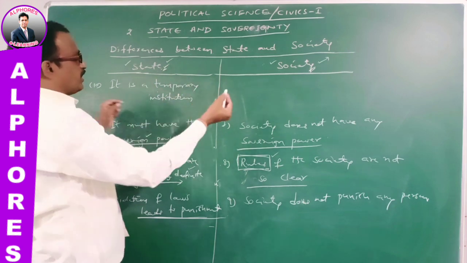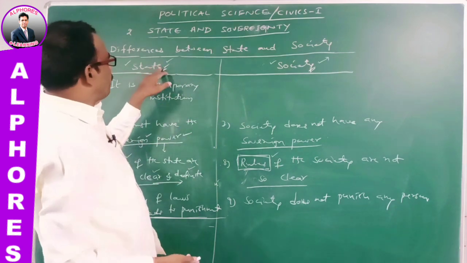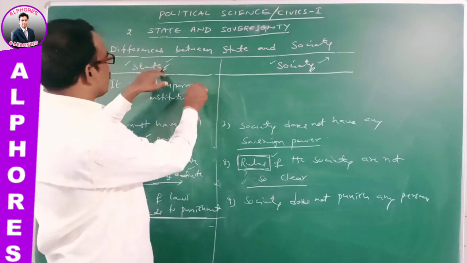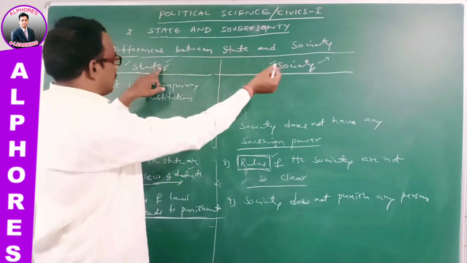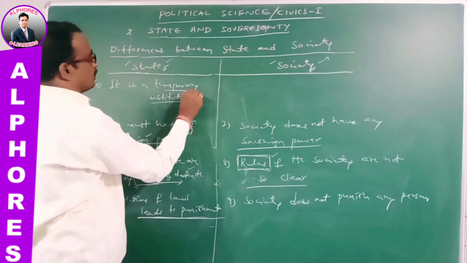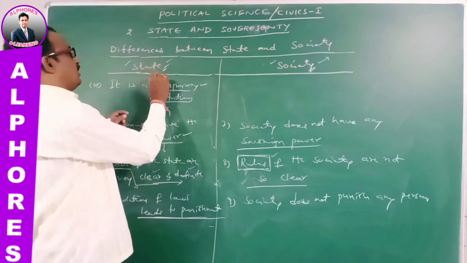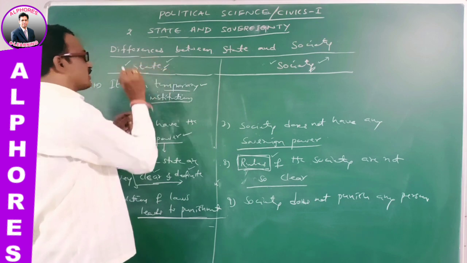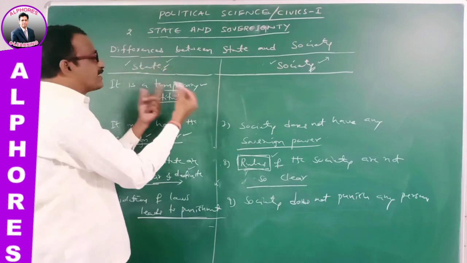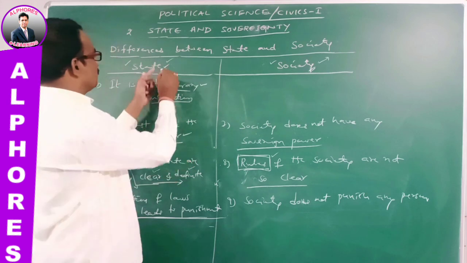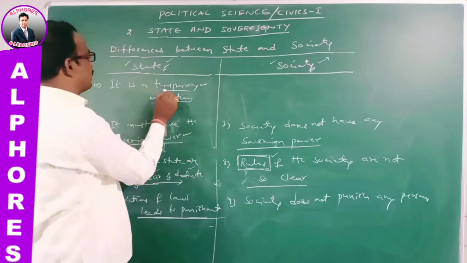If you compare with the other associations, it is permanent. But in this context, if you compare the state with the society, it is a temporary institution, because if any other state occupies a state, automatically that will lose its sovereign power, then the state will disappear, hence it is a temporary institution.